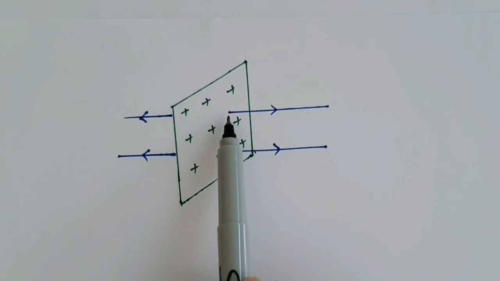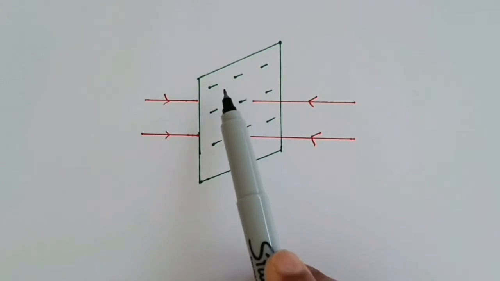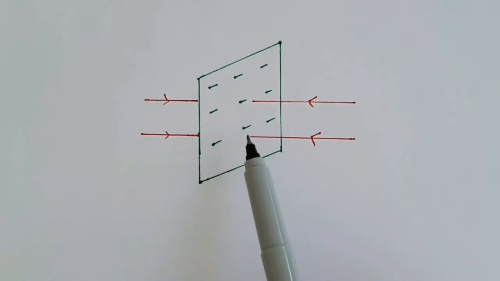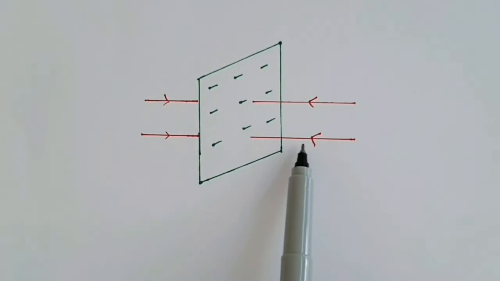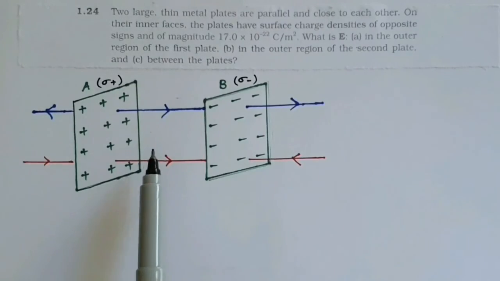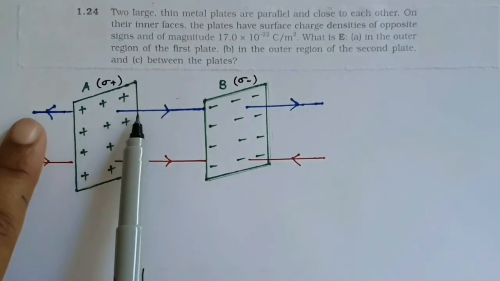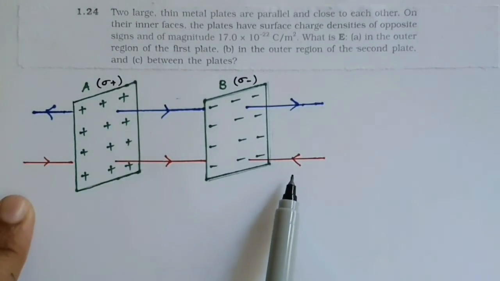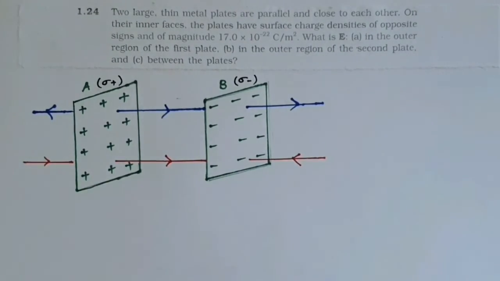So here the field lines are directed away from the positive plate. Similarly, for a negatively charged plate, the field lines are directed towards the plate. So here the blue line indicates the field lines are directed away from the charge, and this red line indicates the field lines are towards the plate.